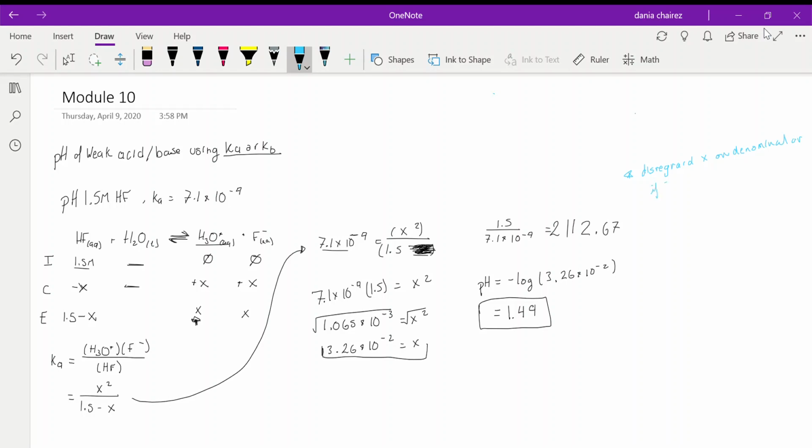If the initial concentration divided by Ka or Kb is greater than 1,000, or if the exponent on your Ka or Kb is smaller than negative 5.